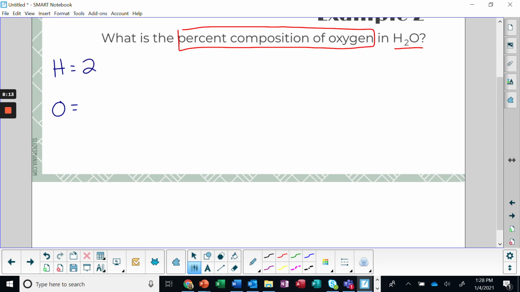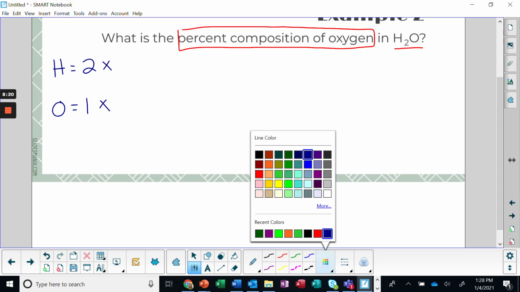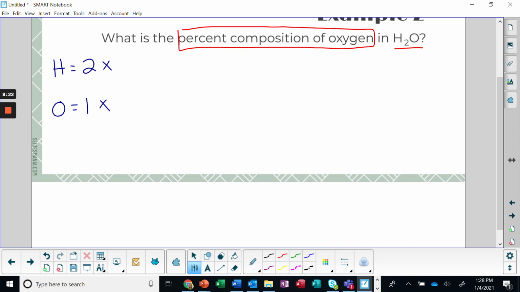Well, I have 2. Oxygens, I have 1. Multiply them by the masses off the periodic table. Hydrogen is 1.008. Oxygen is 15.999.